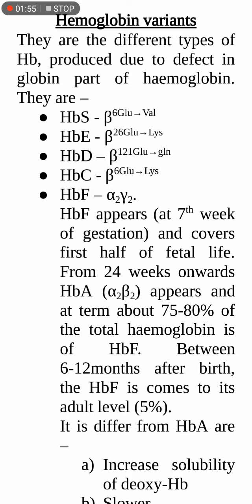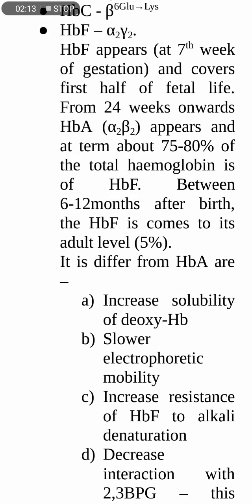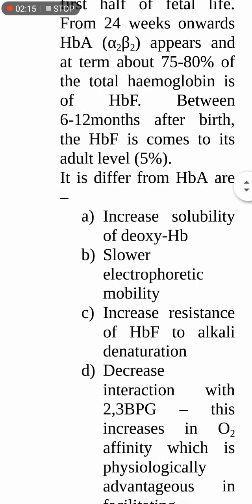After birth, at the age of 6 to 12 months, fetal hemoglobin comes to its adult level, that is up to 5% of total hemoglobin. Fetal hemoglobin differs from adult hemoglobin.